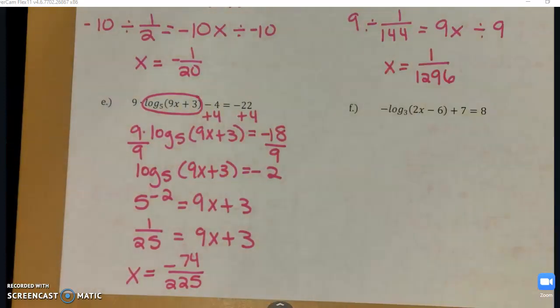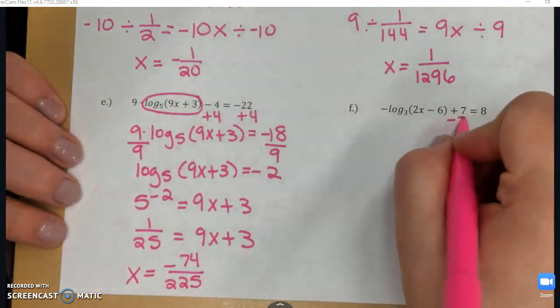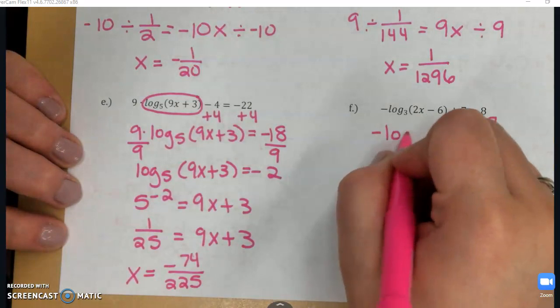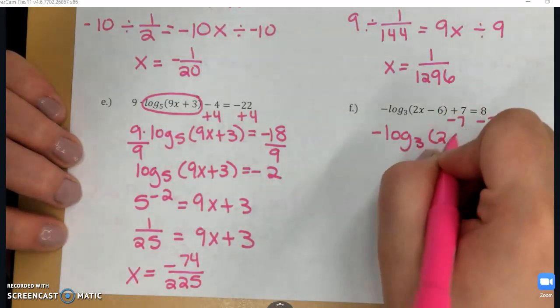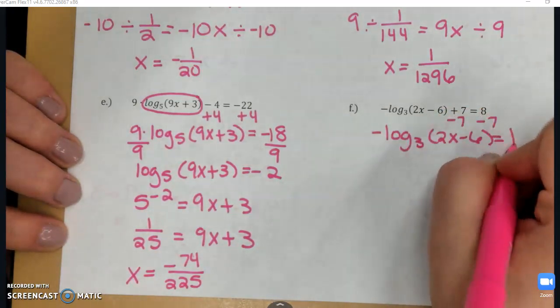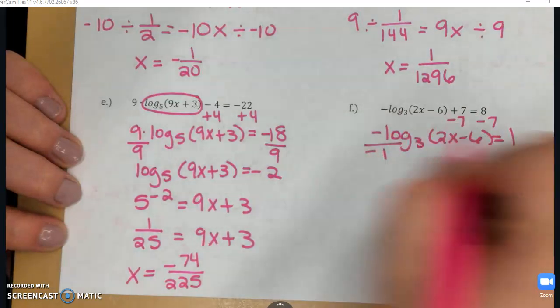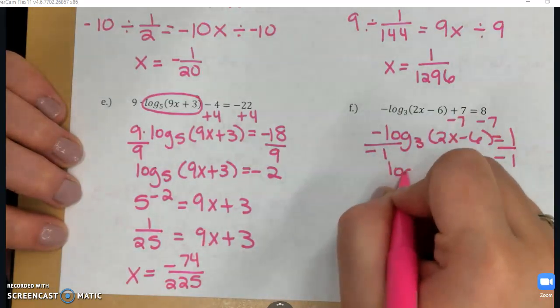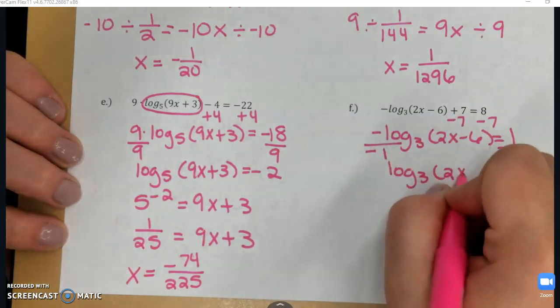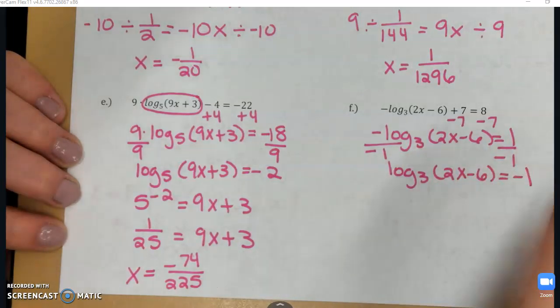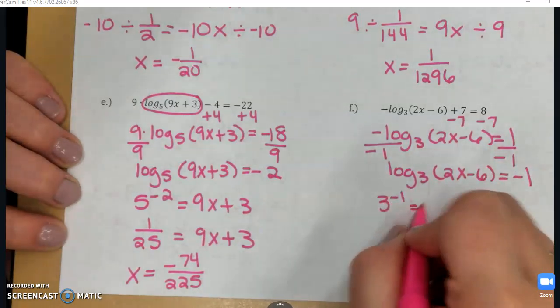That's it. Okay, last but not least, let's subtract the 7. Okay, then I'm going to divide by negative 1. Write it as an exponential.